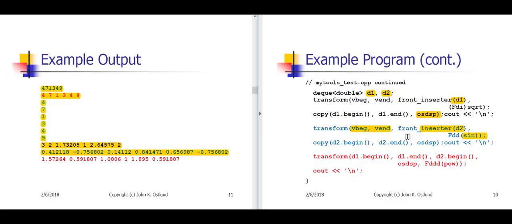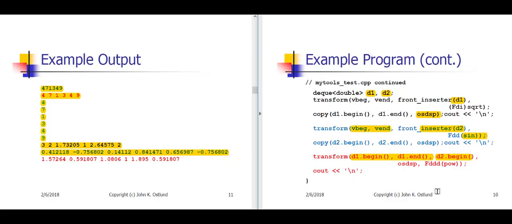But there's another version of the transform algorithm that takes two input sequences. Here's the first input sequence, d1.begin up to but not including d1.end. And we can also specify a second input sequence. Here we're specifying d2.begin as the beginning of our second input sequence.